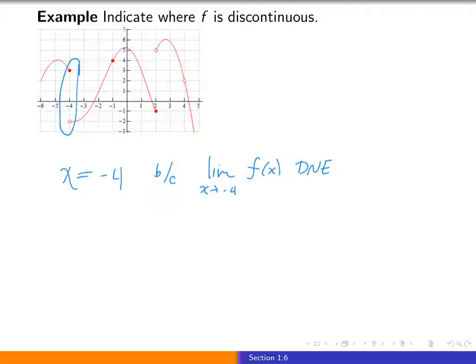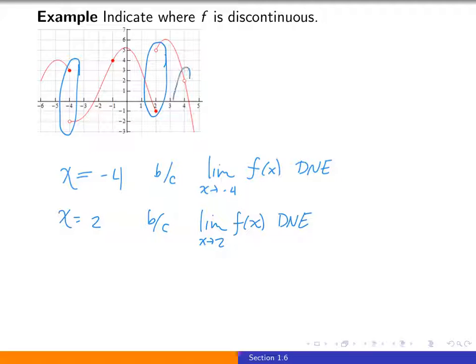The second point where I'm seeing a discontinuity would be at x equals 2. And it is for the same reason as above. The limit as x approaches 2 of the function does not exist. You get one value to the left of 2, but a second value to the right of 2. And lastly, I'm seeing a problem at x equals 4.